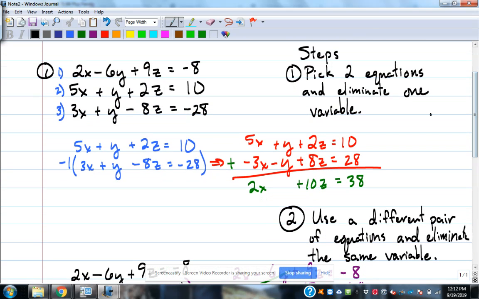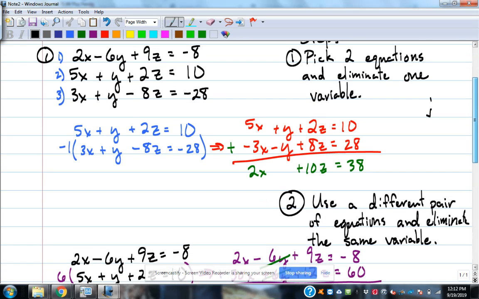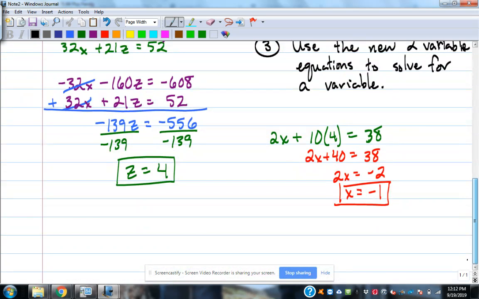Doesn't matter which one. Pick one and work it out. I'm going to pick the second one. 5 times -1 plus y plus 2 times z, which is 4. Plug that in there. Found x and z, so I replaced x and z in one of the originals.